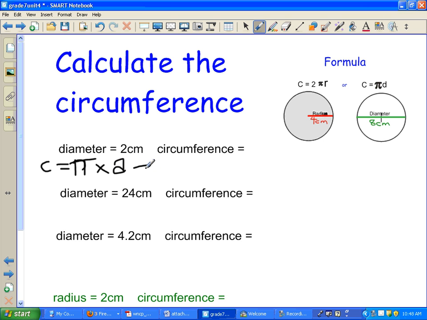So let's put in pi. Let's put in our diameter, which is 2. And 2 times this will be 6.28 centimeters. And there's our answer.